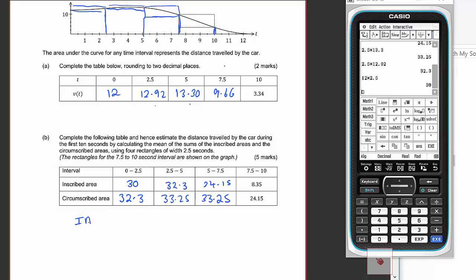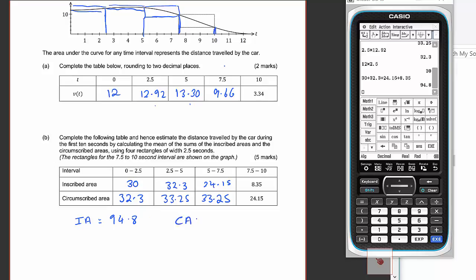So if we do the inscribed area, it's a case of just adding up those rectangles. So 30 plus 32.3 plus 24.15 plus 8.35. That gives us 94.8.